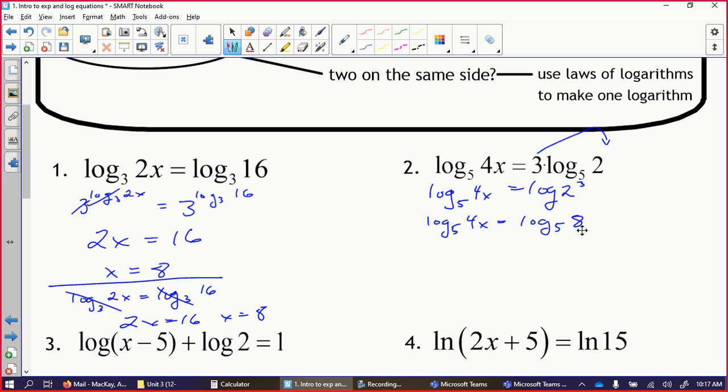Whether you eliminate it, just to me, 5 to the power of log base 5 of 4x equals 5 to the power of log base 5 of 8. Cancels because they're inverse operations. 4x equals 8, x equals 2.